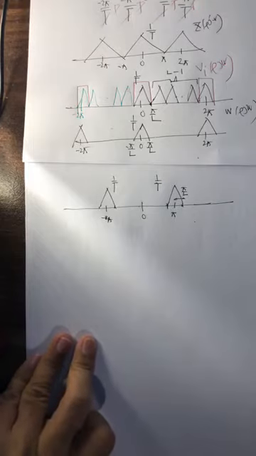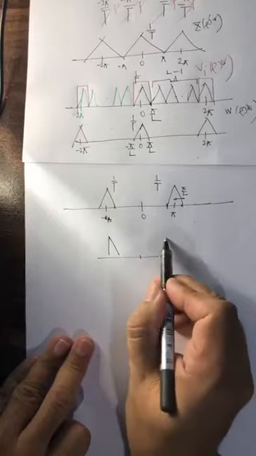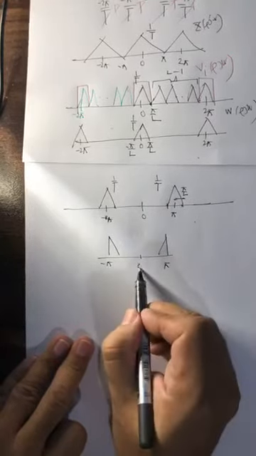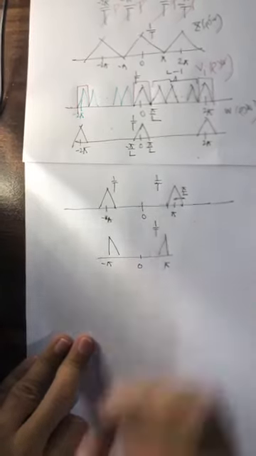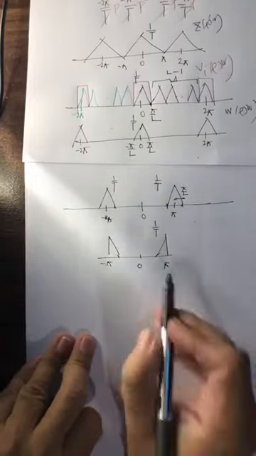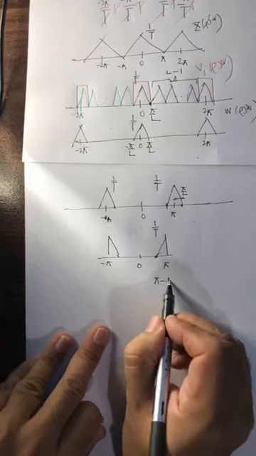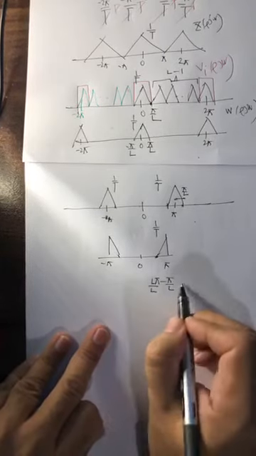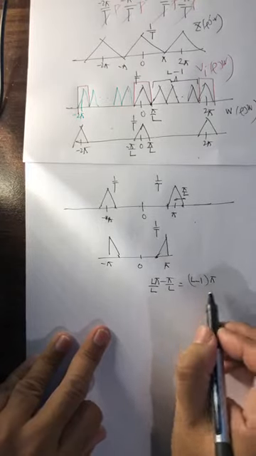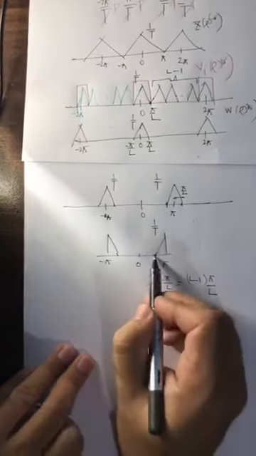After you make the shift, your digital spectrum is looking like this, because we are keen to look at our spectrum from minus pi to pi. And this point is pi minus pi over L, that is, L minus 1 pi over L. L minus 1 pi over L is the edge of this spectrum.